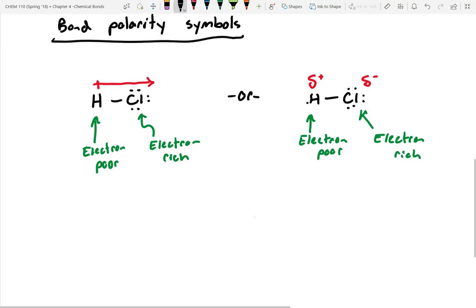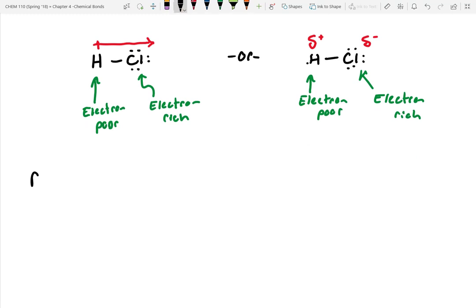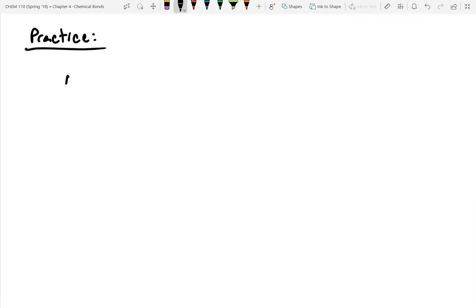And I want us to practice using bond polarity symbols. So let's do NH3. And I want you to first draw the Lewis dot structure using the bond lines and lone pairs and things like that. And then I want you to have bond polarity arrows for any individual bond that has an imbalance of electrons. So I'll give you guys a minute to practice this.